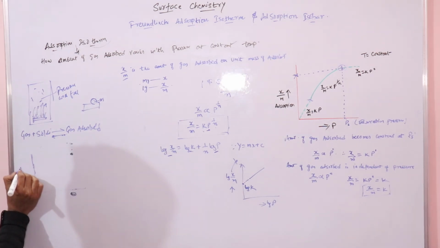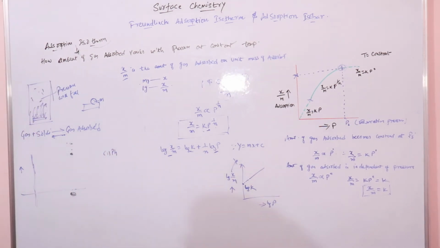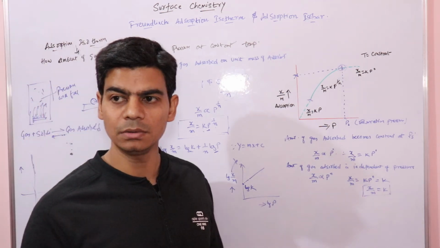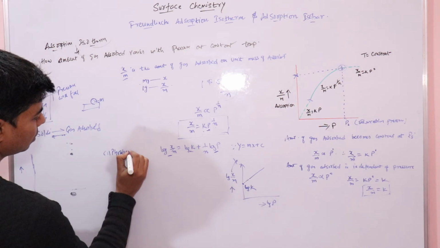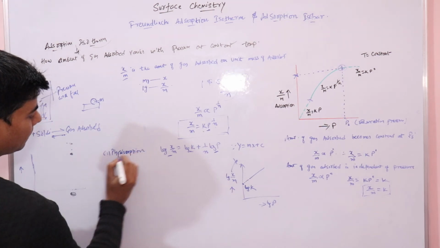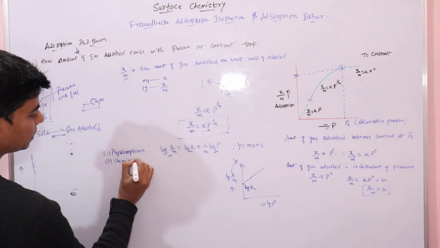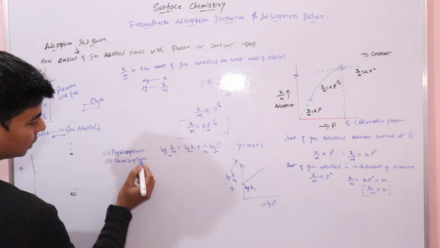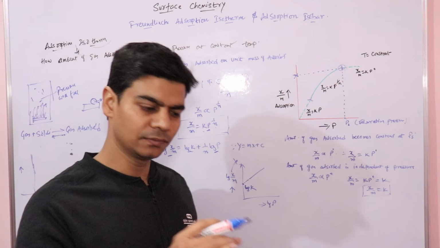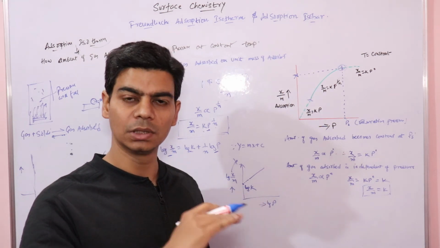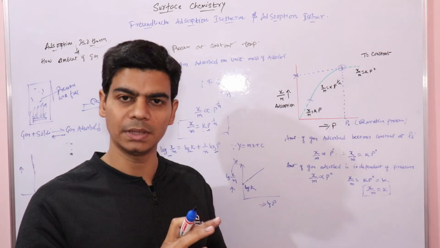So here we will take two cases. We know that adsorption is of two kinds, physisorption and chemisorption. In physisorption, the gas will be attracted on the surface of the solid, but without forming a chemical bond.